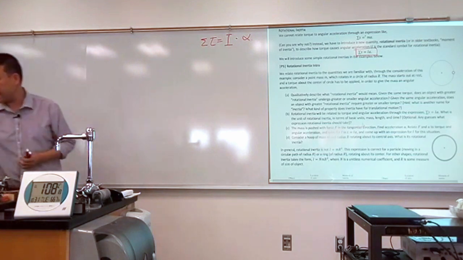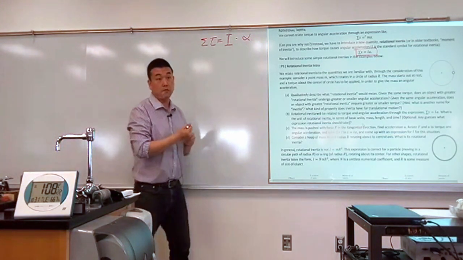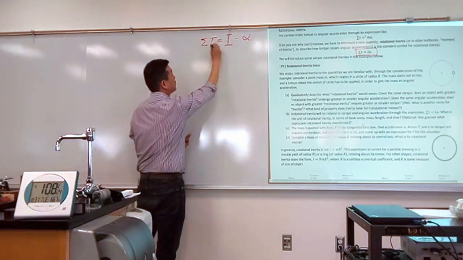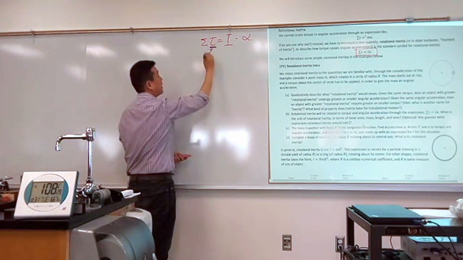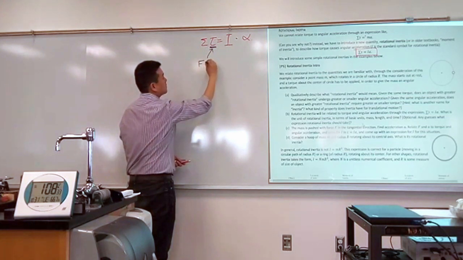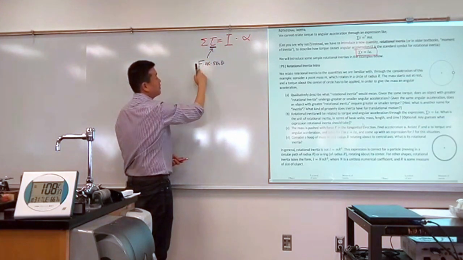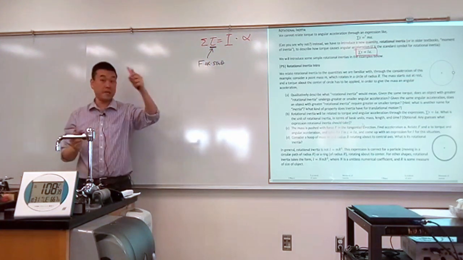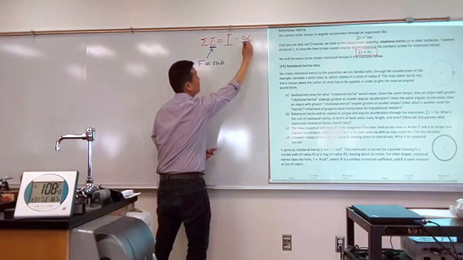From last class, we know how all of these are defined. With the net torque, we know how to calculate torque from force. Torque was calculated as force times some distance times sine theta, the angle between force and the displacement vector. And you know the angular acceleration.